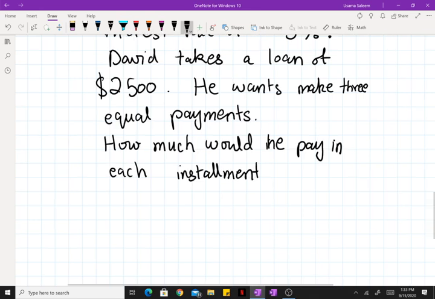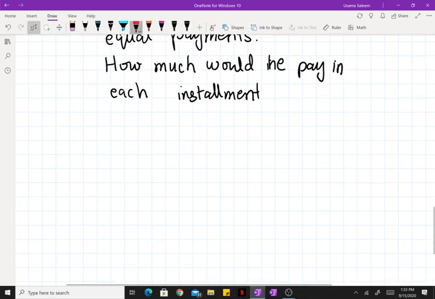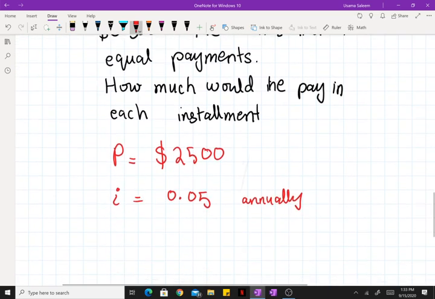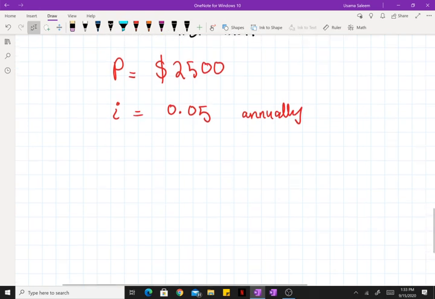All right. So our present value, the loan that we're going to take right now, today, is $2,500. The interest rate given by the bank is 5% annual. And David wishes to make three equivalent payments.